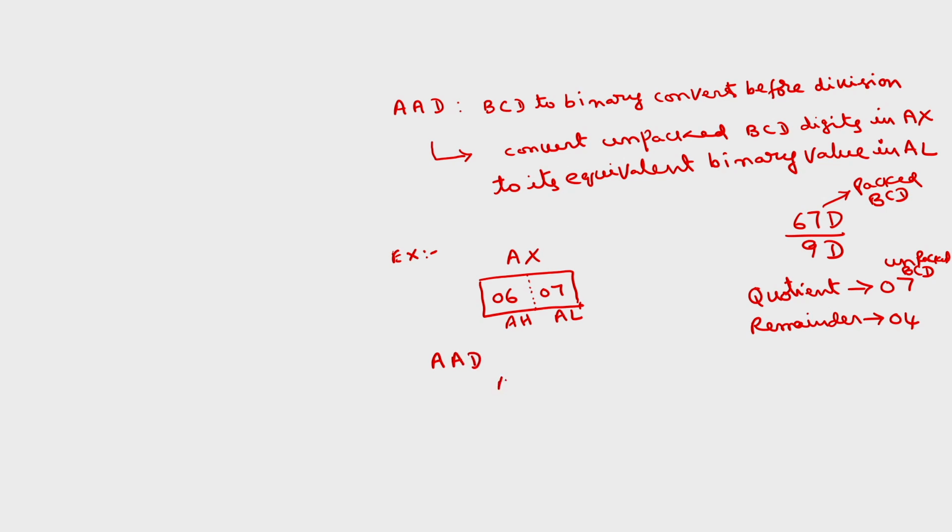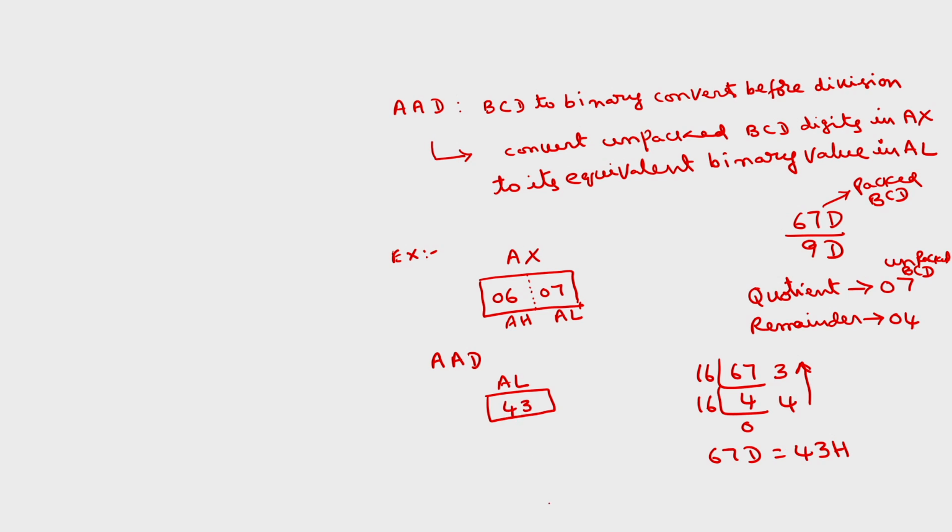Then after taking this into the AX register, if I write AAD, what happens in AL? We will get the binary equivalent of this. What is the binary equivalent? If I convert 67 decimal into hexadecimal, divide by 16: 16 fours are 64, 3 is the remainder, so 43 H. So 67 decimal is equal to 43 H, and in AL, 43 H will be present.